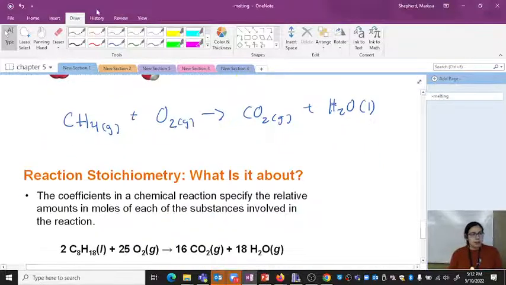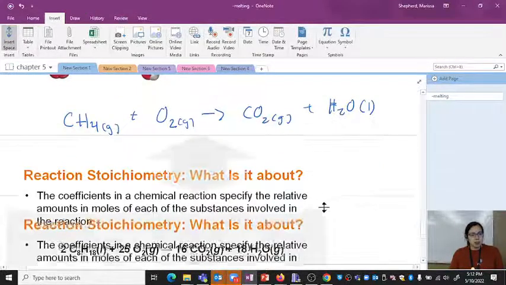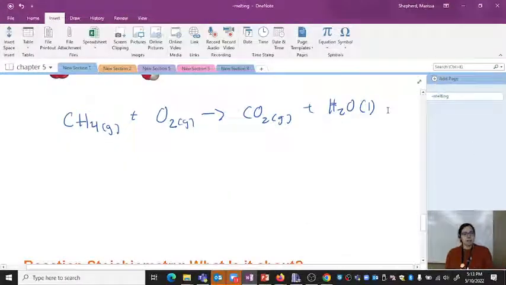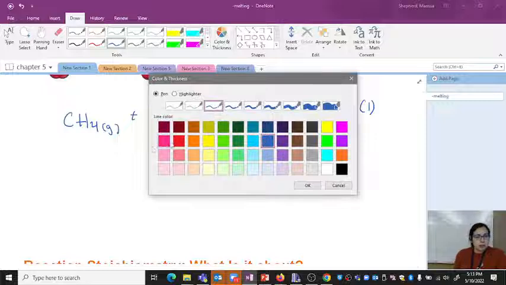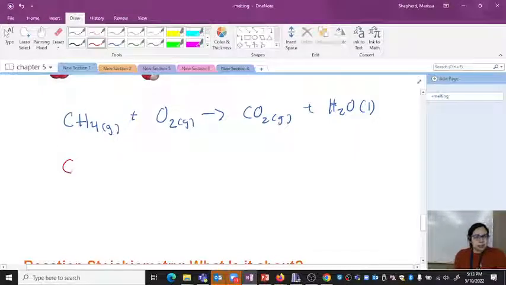And then to balance it, we want to make sure we have the same number of atoms on each side. Usually you want to start with the elements that are involved in the most things, and leave the solo ones like oxygen towards the end. So I'd start with carbon. We have one carbon, so that's okay. You could even set up a little bookkeeping for yourself: carbon, carbon, so one.